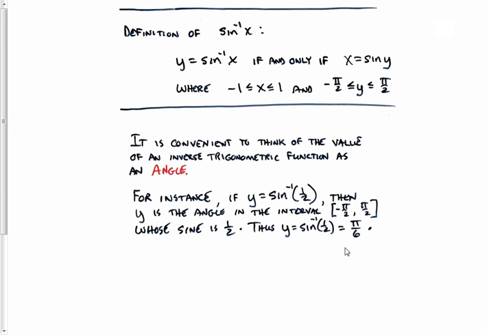And so that means that inverse sine of 1/2 is going to be π/6, because the sine of π/6 is 1/2, and π/6 falls in this interval. Like I said, it takes a little bit to get our head wrapped around. Until we actually do problems, we don't see quite how it all fits together.